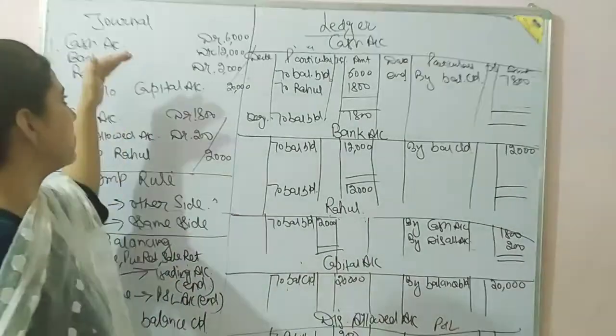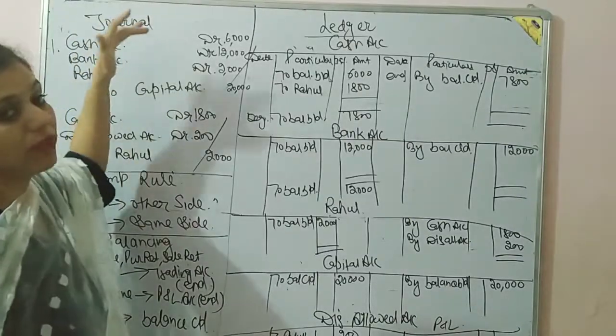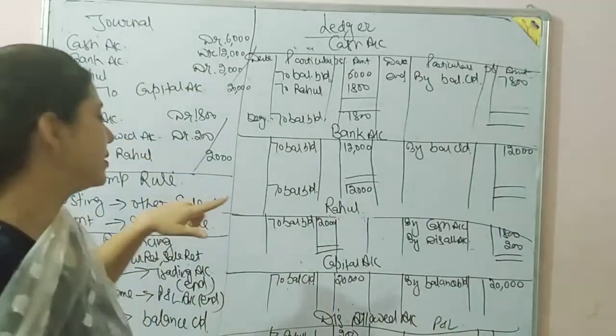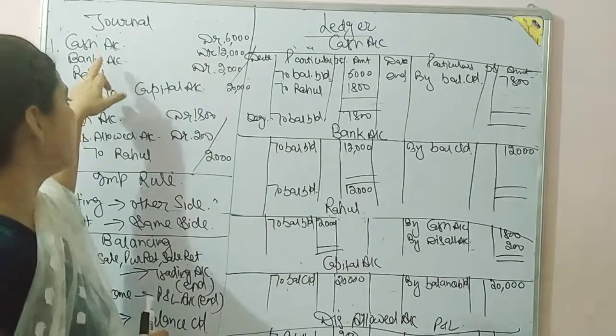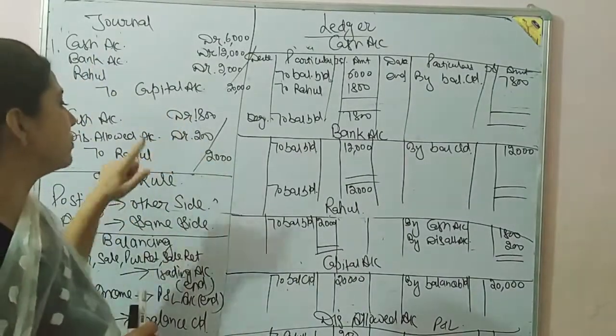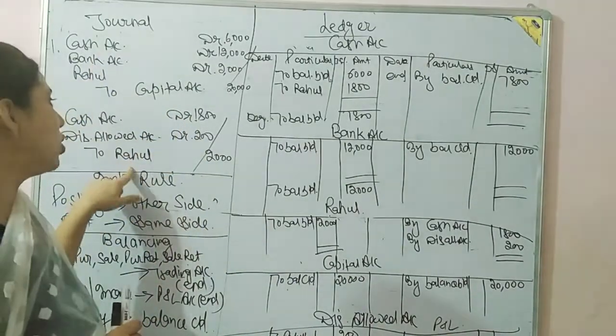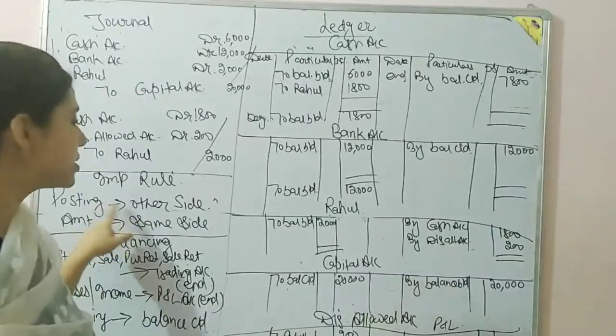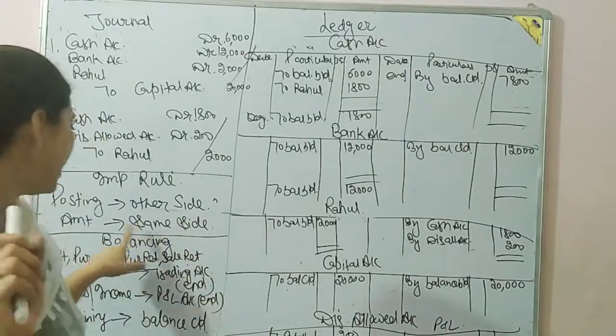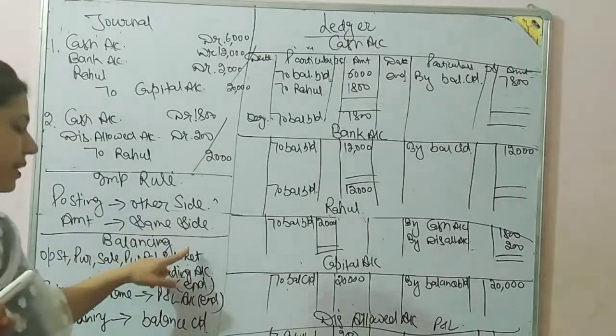That means if you are posting on the debit side, then we will write the name of the credit side, but the amount on the same side. That means if we are posting the amount of cash here, we will write Rahul, but the amount will be written in front of cash. So the rule is posting with the other side and amount on the same side.